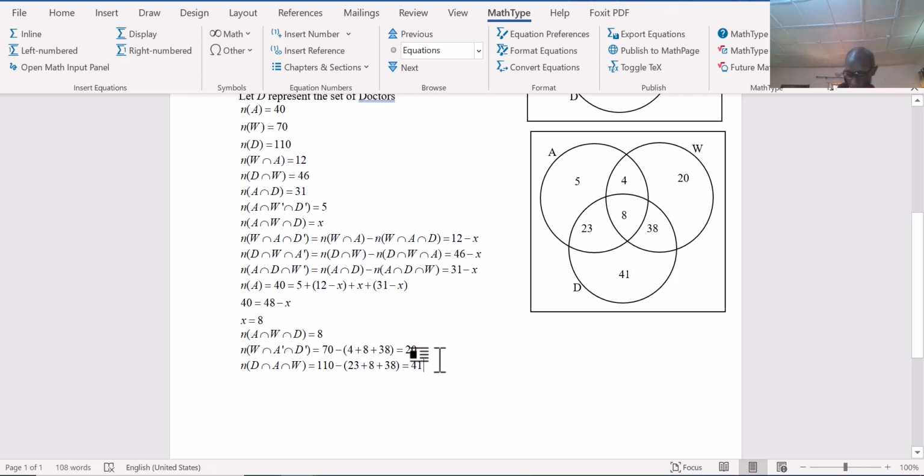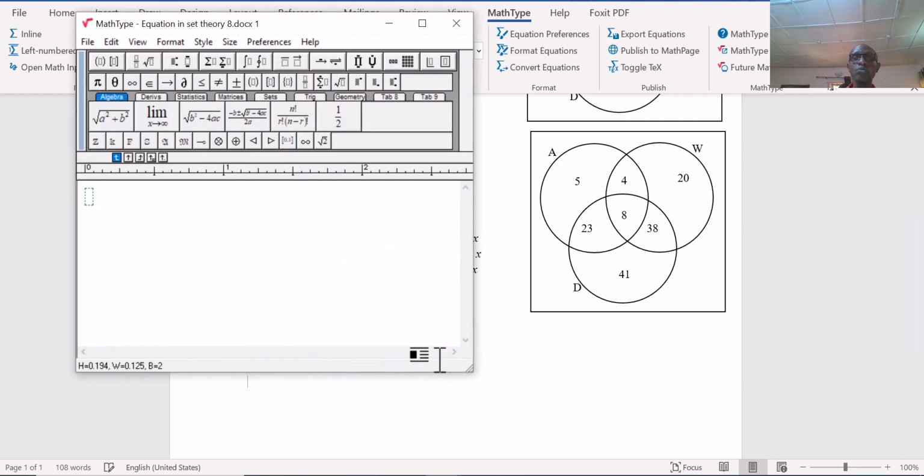And then something else we will need is that among all the 150 that were represented at the conference, some are not Africans, they are not women, and they are not doctors. So we need to get that out. So what we need to do is to add everything here.